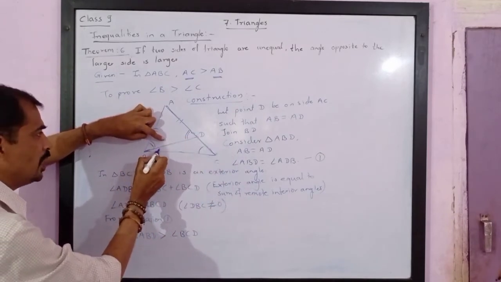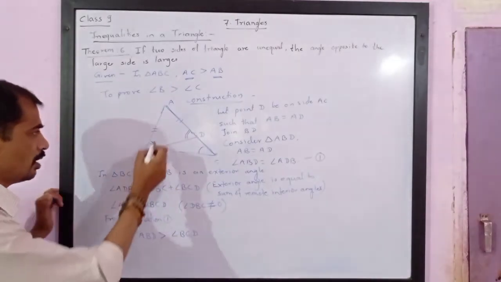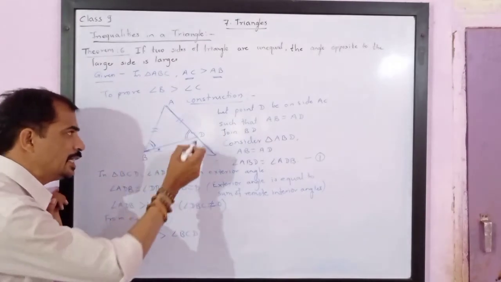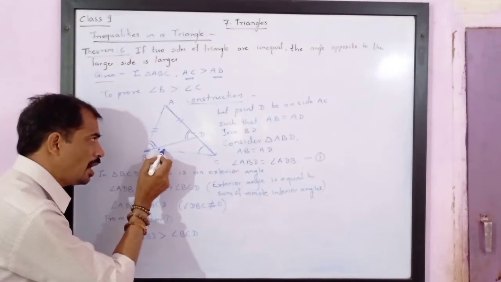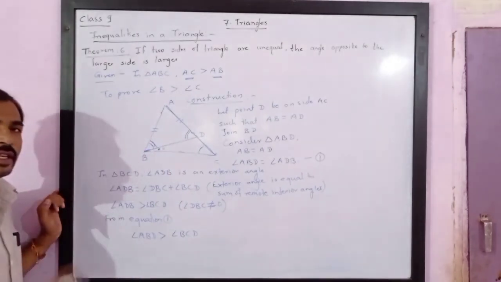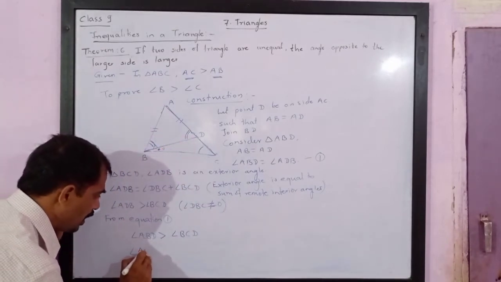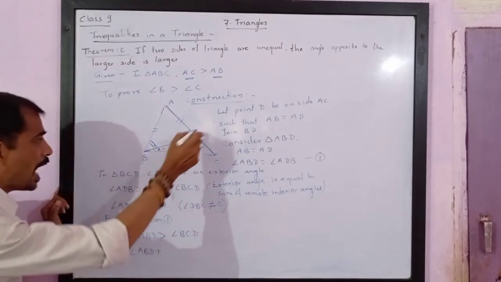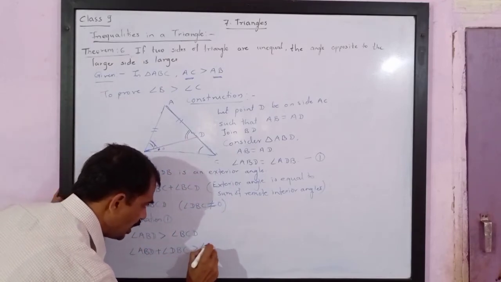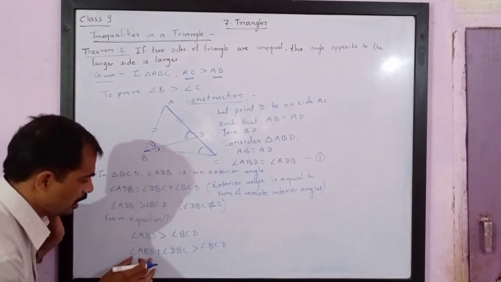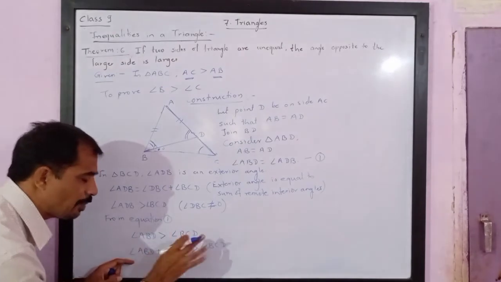If you add something to the greater, it will always remain greater. Since ABD is greater than BCD, if I add some non-zero number to the greater, it will always be greater. So I will get angle ABD plus angle DBC is greater than angle BCD. This was greater than this; if you add something to the larger, it remains larger.